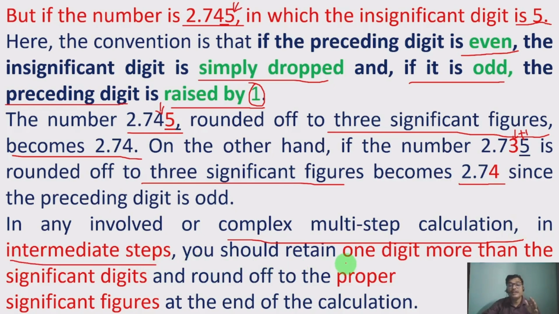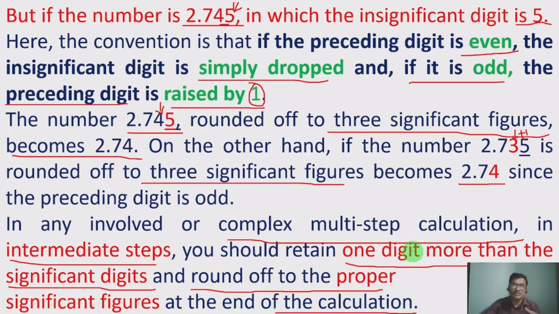In intermediate steps, you should retain one digit more than the significant digits. As per the rules, we need to keep a certain number of significant figures in each calculation, but there we have to keep one more significant figure, and later round off to the proper significant figures at the end of the calculation.